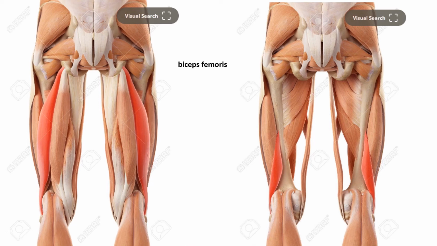But when you look at the right figure, you can see a red marked muscle, which is also in the lateral part of the hamstring, and this is the short head of biceps. The one on your left is the long head. Therefore, the biceps femoris has a long head and a short head.